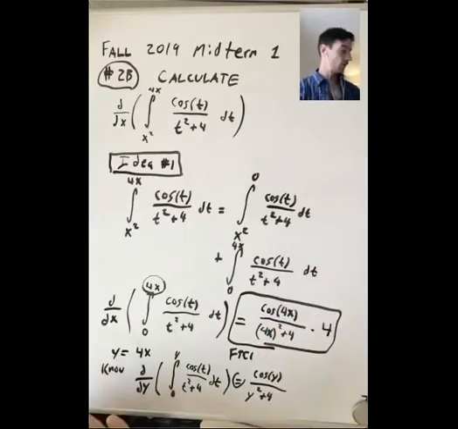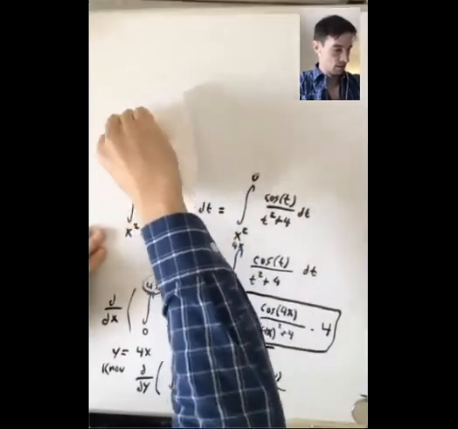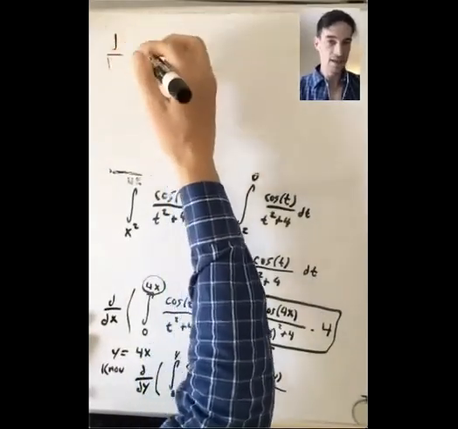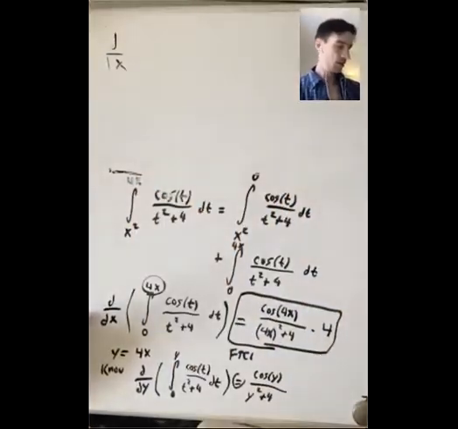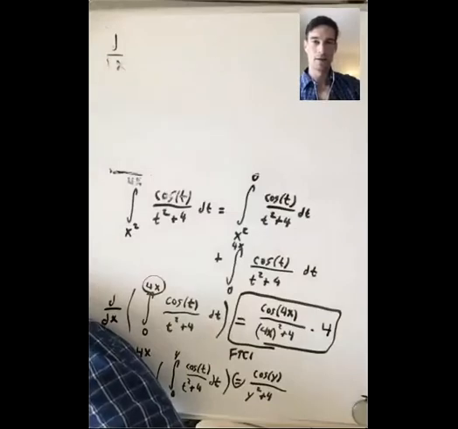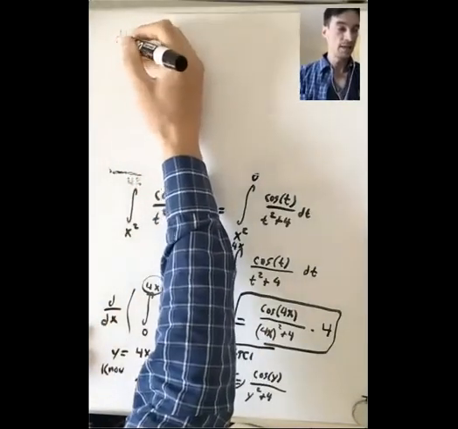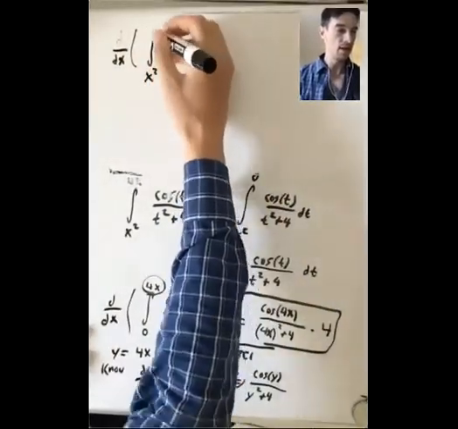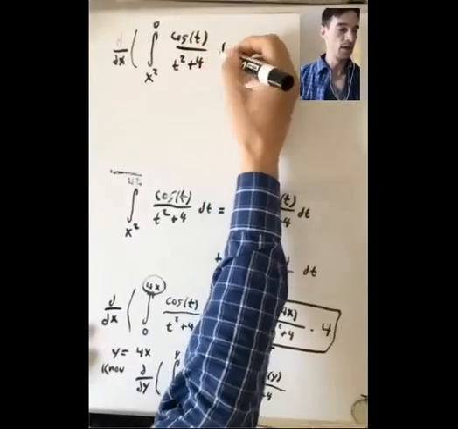Now let's talk about the first piece. Our question now is what is d dx of this other piece, the integral from x squared to 0 of cosine t over t squared plus 4 dt.